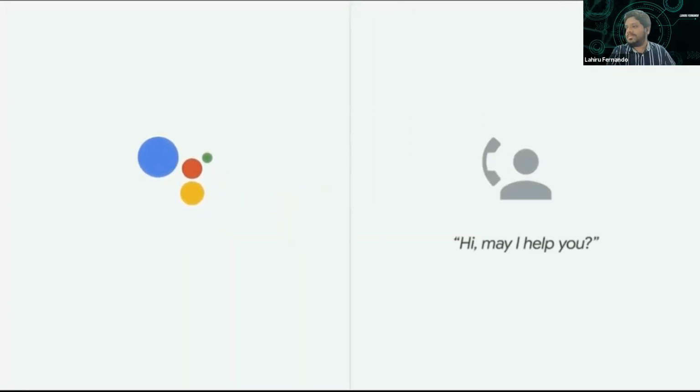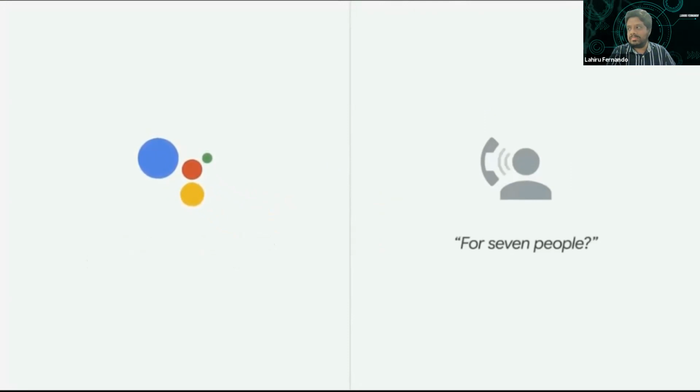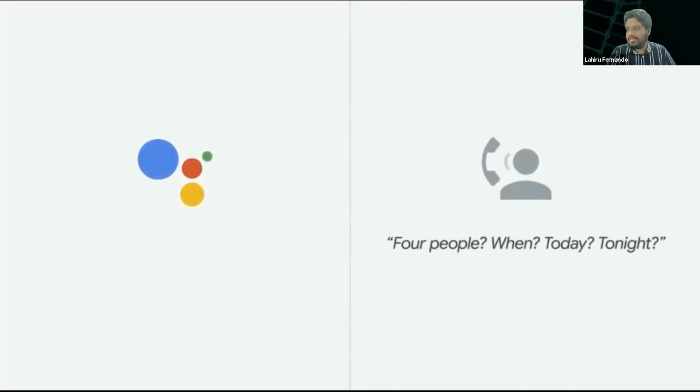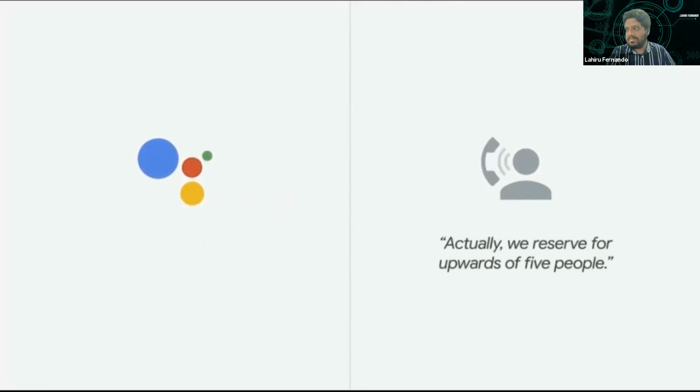Hi, I'd like to reserve a table for Wednesday the 7th. For 7 people? It's for 4 people. 4 people when? Next Wednesday at 6 p.m. Oh, actually we reserve for like upper like 5 people.